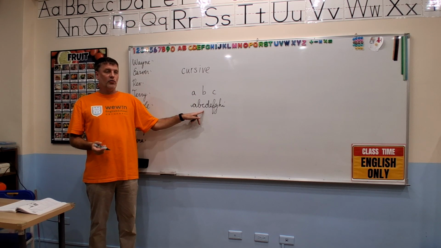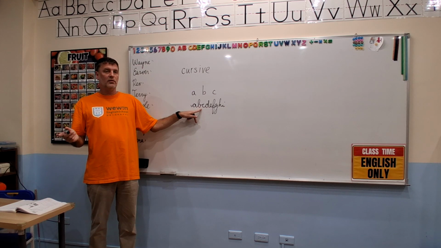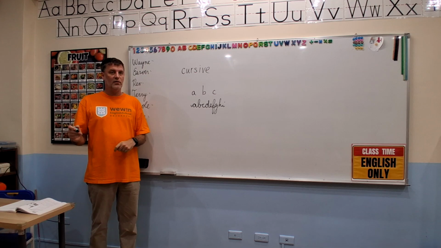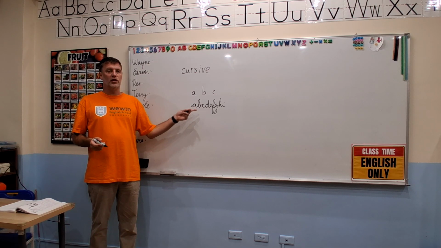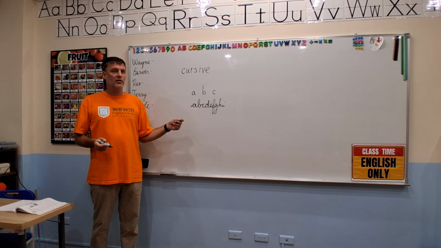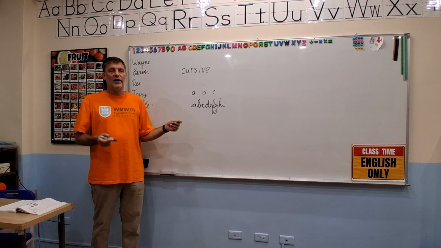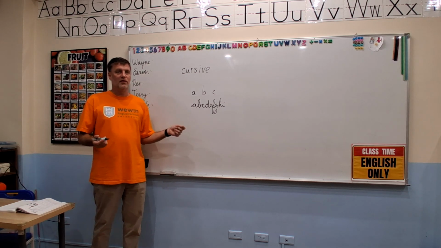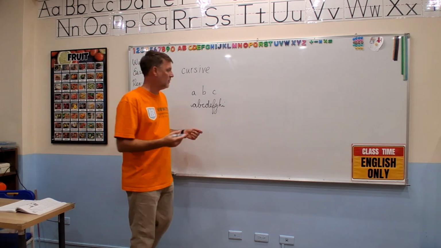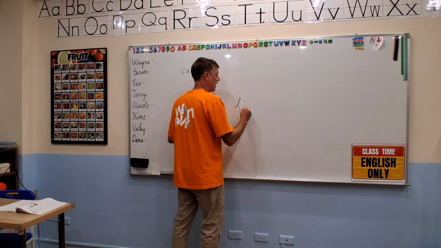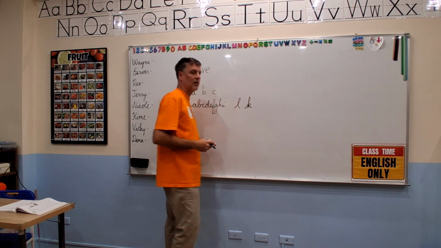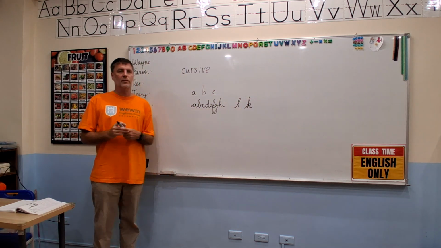Do you do this at school already? Laura, do you do this at school? Can you do it easily? What is difficult for you? Which letters? What letters don't you like? L. L is easy, right? K is sometimes a bit. But which letters do you think are difficult?